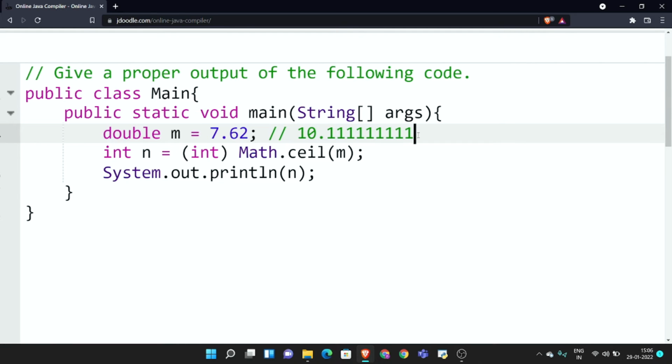But in every case we can represent it in the double form because, as I said, double has more space compared to the float. So Java prefers double in most of its code, because double has 64-bit memory space while float has 32-bit memory space. I hope you understand this double.